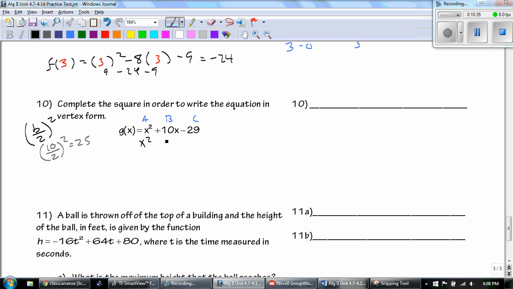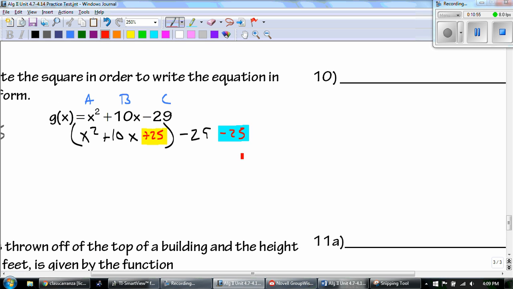So I have x squared plus 10x. We talked about creating a space, minus 29, and then having another space. And that is where we're going to put the plus 25 and the minus 25. Let me zoom in a little bit. Okay, so plus 25 and minus 25.